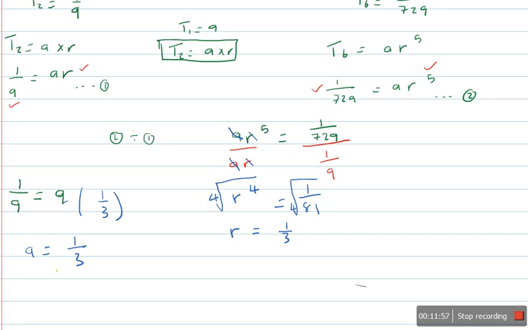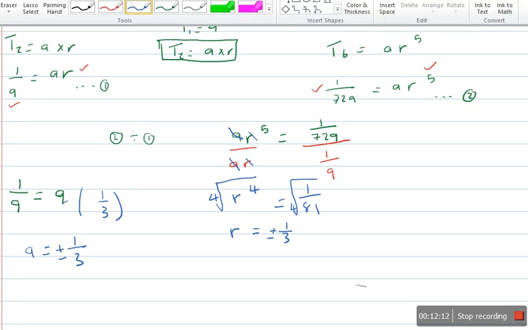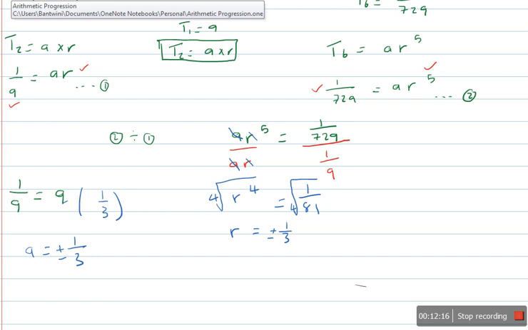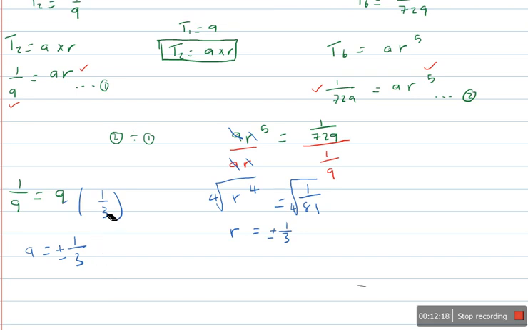Yes, it's 1 over 3, and A is plus or minus, because it's an even root, so it will be plus or minus R, right? So I made a mistake. A1, yes, A1 is plus or minus. Why? Because I substituted plus or minus R, right? Since I substituted plus or minus R, now A1 is plus or minus.